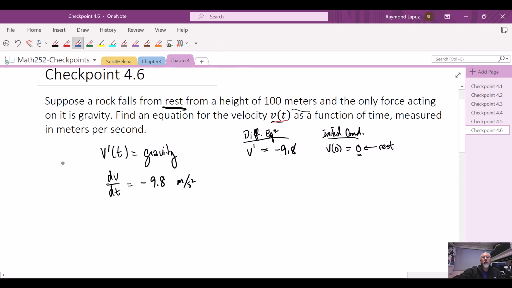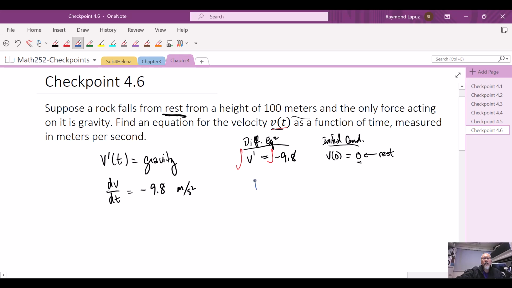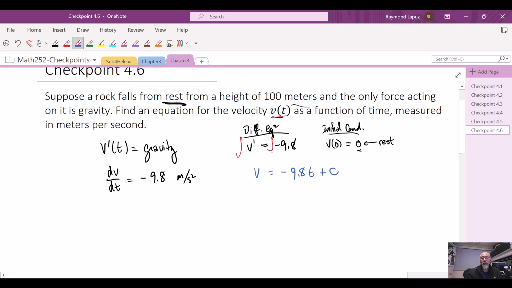And what we'll do is solve for this by taking the derivative and just casually throwing the integral sign there. That's kind of what we're doing, but there's more going on there. If we take the antiderivative of the derivative, then it's just going to be the original function, and this is going to be negative 9.8 times t plus a constant because these are indefinite integrals.